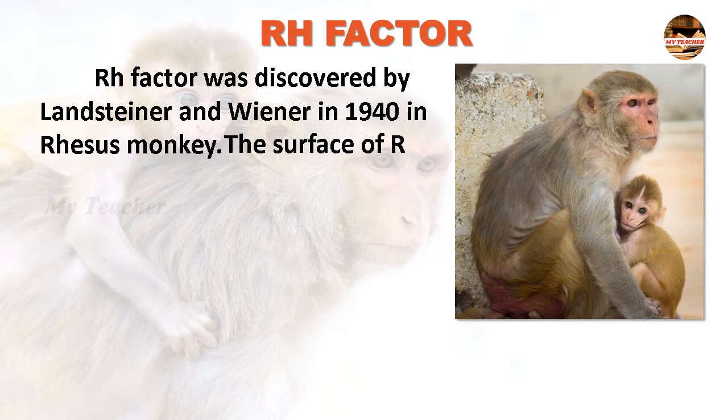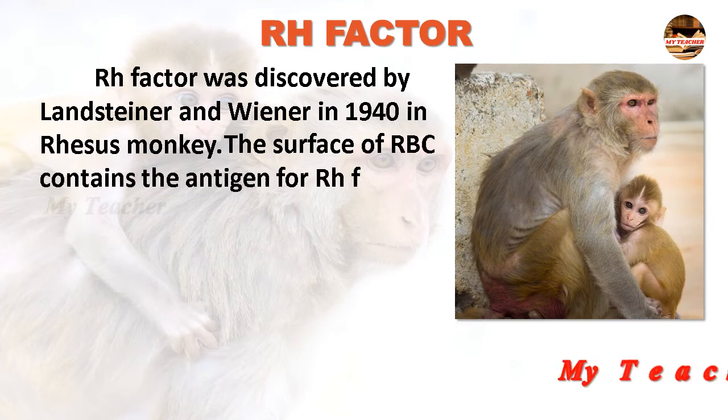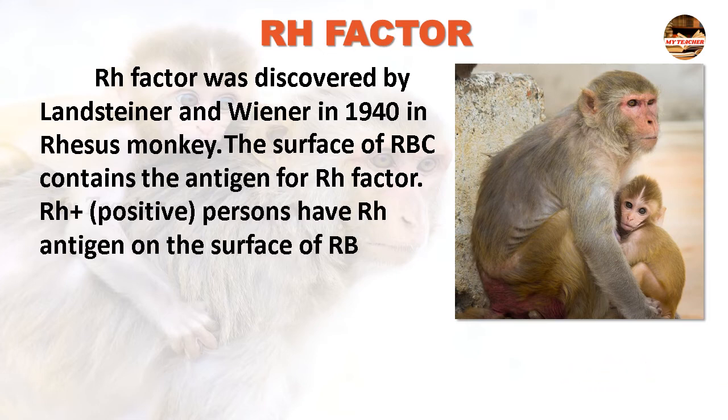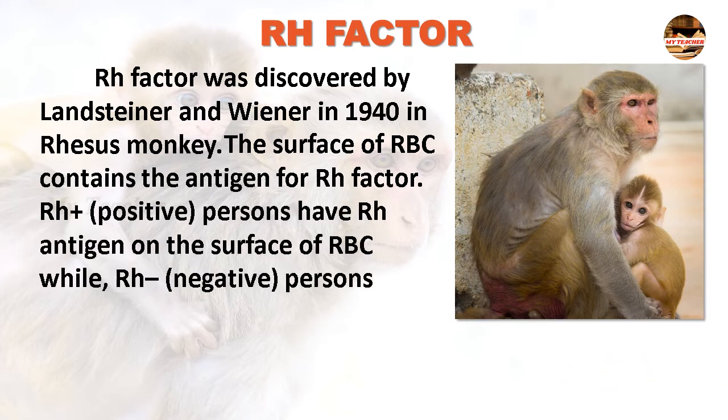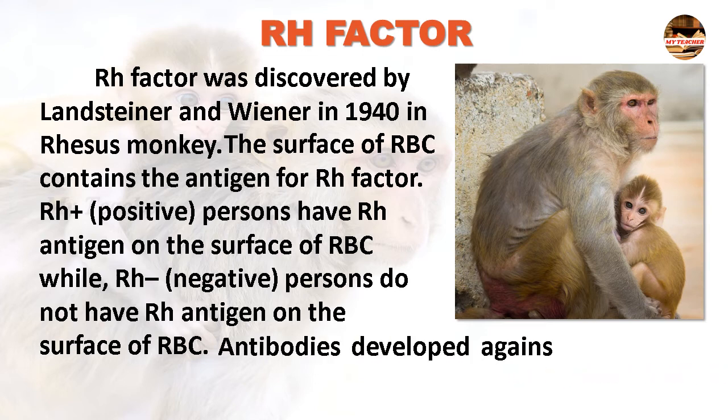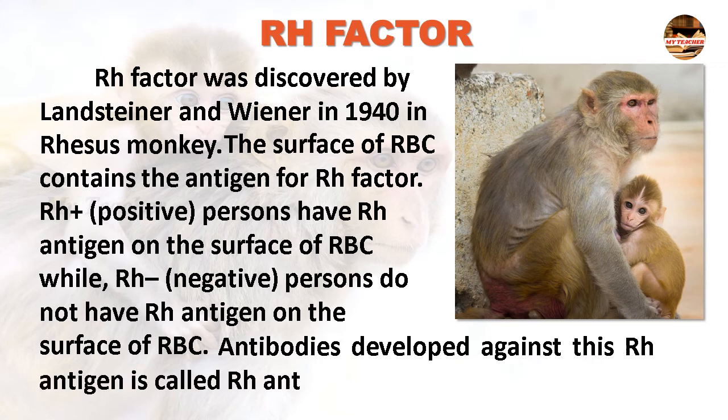The surface of RBC contains the antigen for RH factor. RH positive persons have RH antigen on the surface of RBC, while RH negative persons do not have RH antigen on the surface of RBC. Antibodies developed against this RH antigen are called RH antibodies.